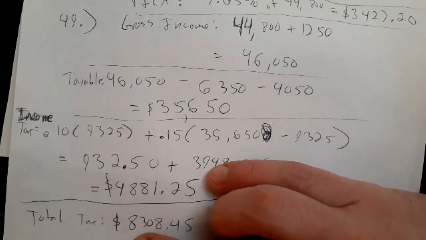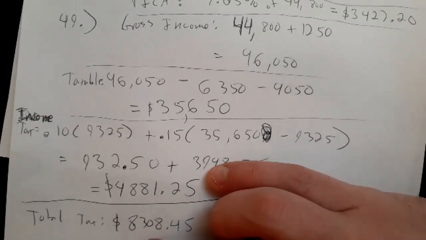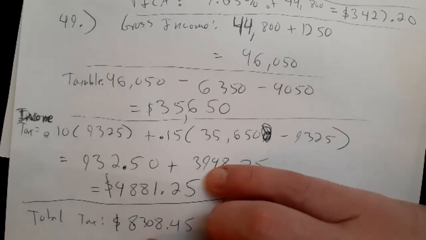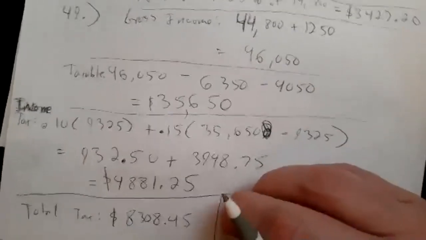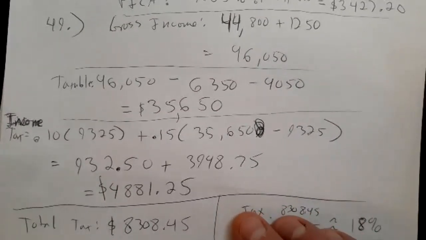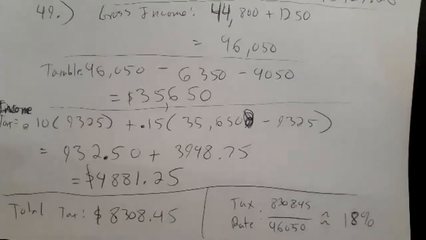And so they want to know total tax, and then I think the last thing they ask for is the total tax rate. This is our total tax. We're going to divide our total tax by our income. So if we take our total tax of 8308.45, we divide by our income of the 4650, you should get something like 18%.